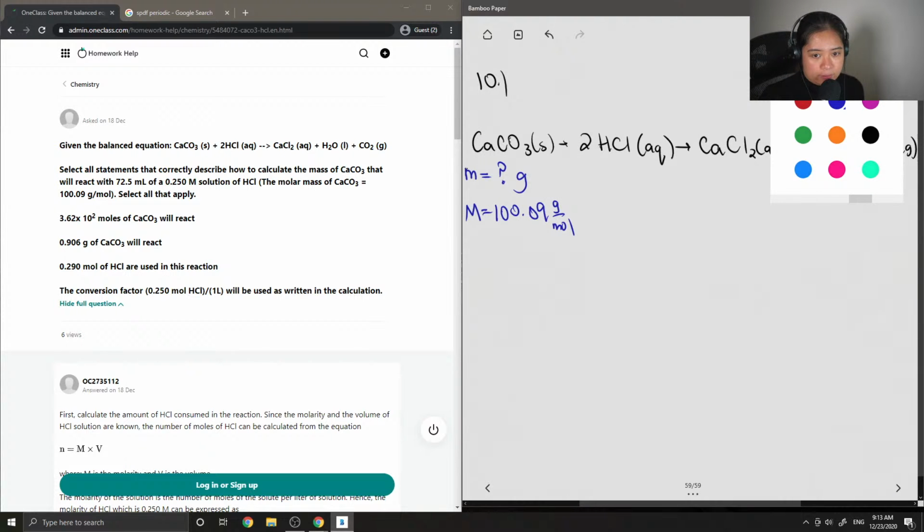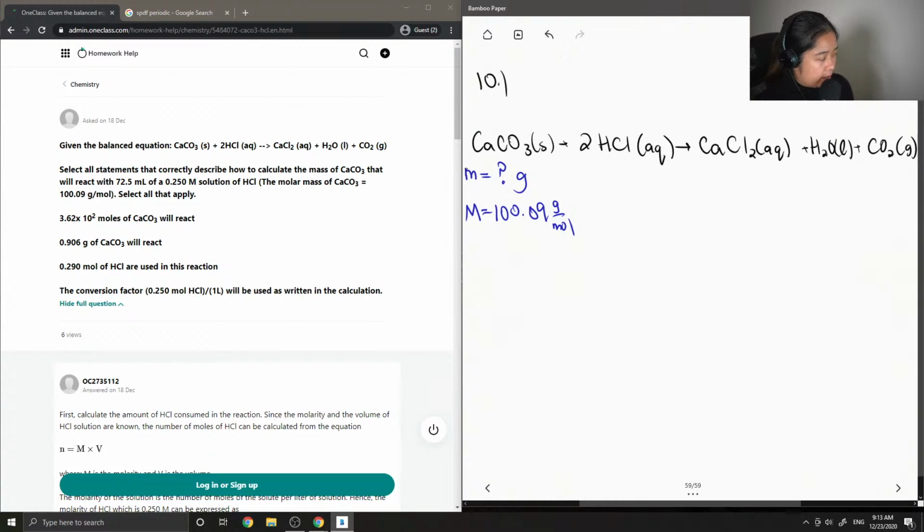In the case of hydrochloric acid, they give us the volume, which is 72.5 milliliters, but I'll convert it to liters so that everything is in the same units. And they gave us the concentration of this solution as well, which is 0.25 M, where capital M is the same as moles per liter. Okay, so that's everything we know so far.